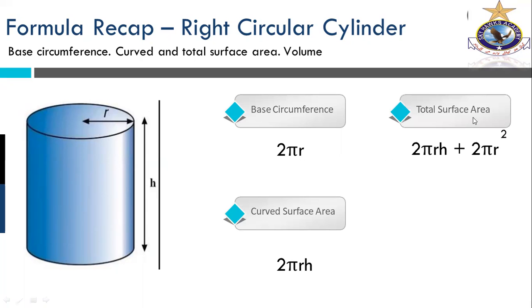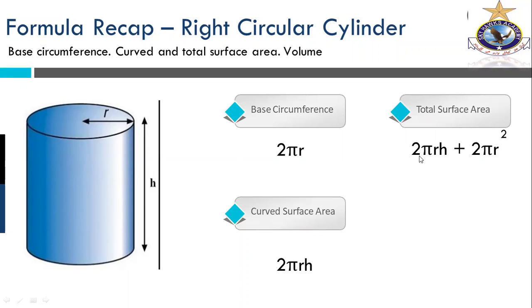The third one is the total surface area. What I mean to say is, this is the curved surface area and the total surface area all around includes the top and the bottom. So we will have to add twice the area of these two circles, one as a lid and the second as a bottom.